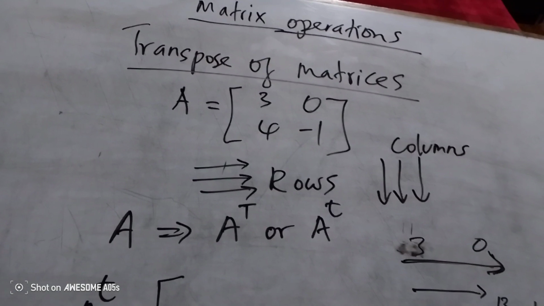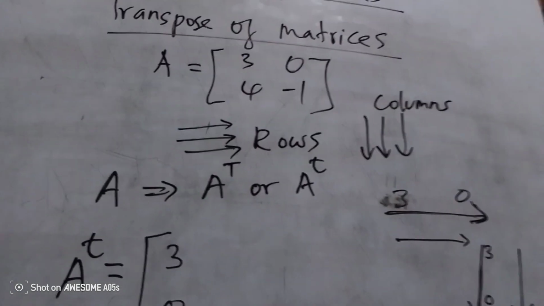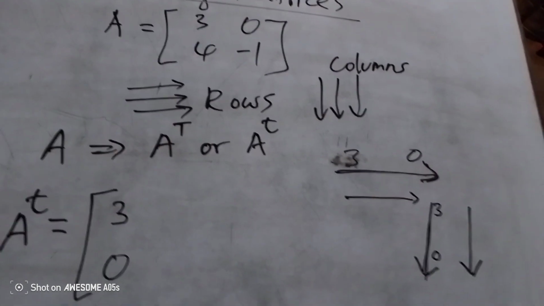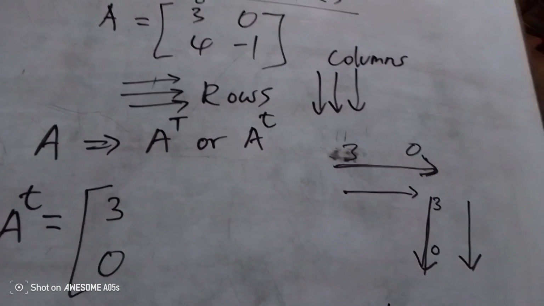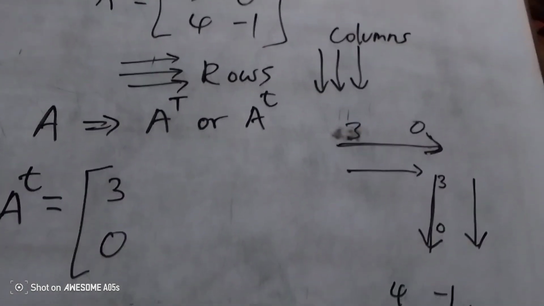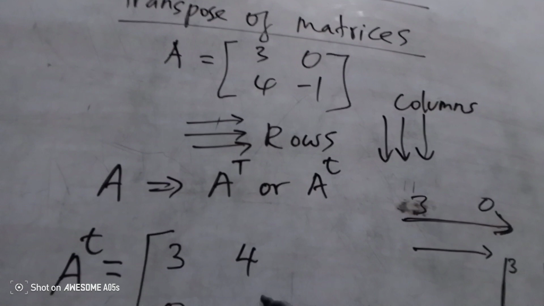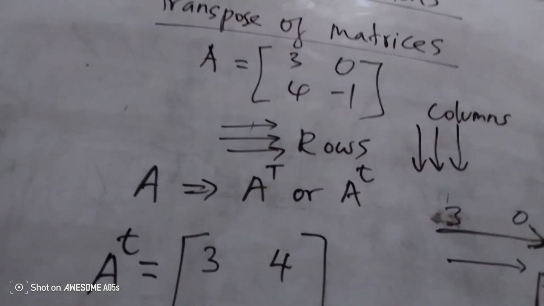Then the second column is 4, negative 1. It was the second row, so let it become the second column. Like that. So that is a transpose.